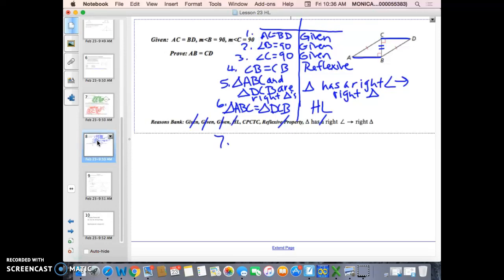So I can say that CD equals AB, and that's going to be because corresponding parts of congruent triangles are congruent. This was the part that got a little foggy, and however you word that is up to you. Usually it'll be multiple choice anyway.